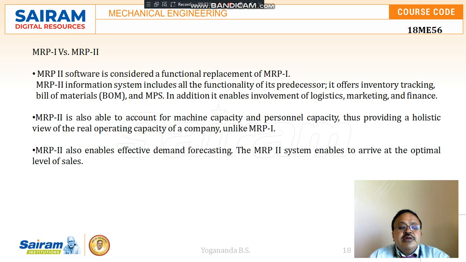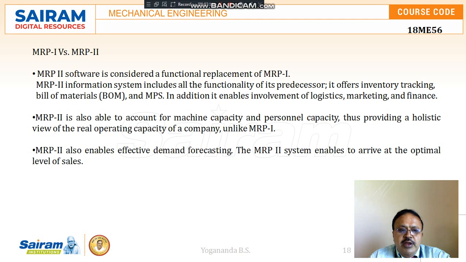MRP2 is also able to account for the calculation of machine capacity and personnel capacity. That is, all the machines installed in the plant and how many machine hours are available, and similarly what will be the strength of employees in the organization. So MRP2 provides a holistic view of the actual operating capacity of the company, whereas MRP1 is just planning the material requirement.